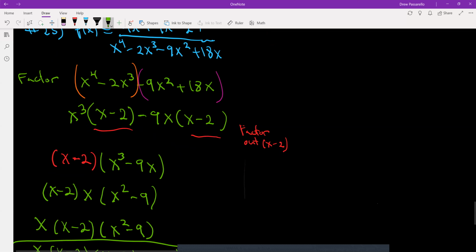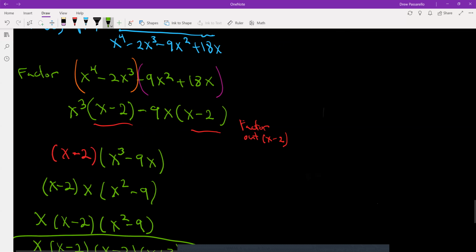Okay, just to recap real quick, I factored by grouping. I first grouped in parentheses the first two terms together and the last two terms together. X to the fourth minus 2x cubed had x cubed as a common factor, and that turns into x minus 2 after you factor out x cubed. Minus 9x squared plus 18x share negative 9x as a common factor, and I went ahead and brought out the negative sign because of the negative 9.